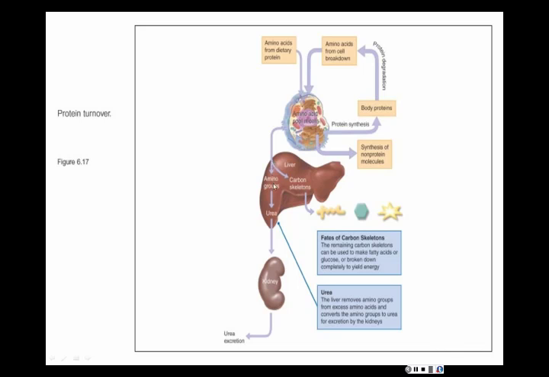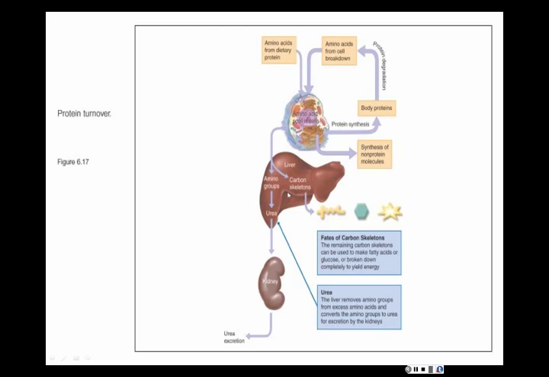The amino group, the NH2, we find in the next few slides becomes ammonia, which is converted to urea. Urea is sent out in the blood to the kidneys. They filter the blood, they filter out the urea, send it to the bladder to be excreted in the urine.